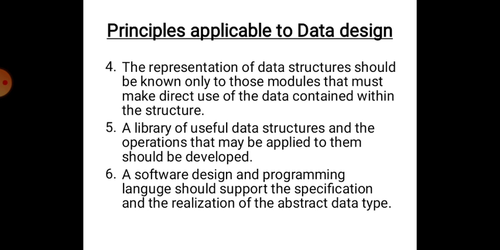As well, you should have a library of useful data structures so that it can help any program as far as the database is concerned. Point number 6: the software design and programming language should support the specification and the realization of the abstract data type. So students, the software design and programming language should go hand in hand so that any abstract data type may be represented.